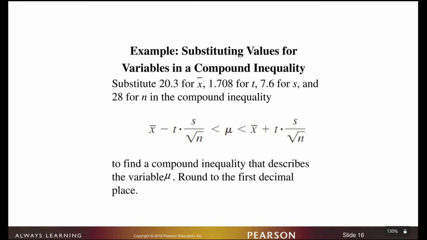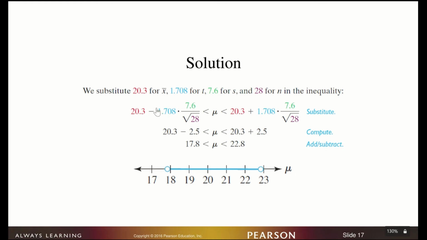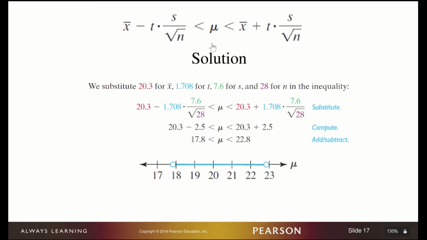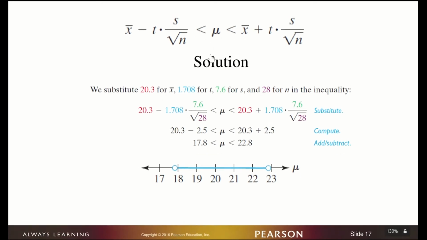So let's see what we get. So notice here we get 20.3. Let me bring the original back over so you can see it. Okay, so notice we're just plugging 20.3 for x bar right there, 1.708 for t, right, and then 7.6 for s right here, see, and 28 for n, so square root of 28.